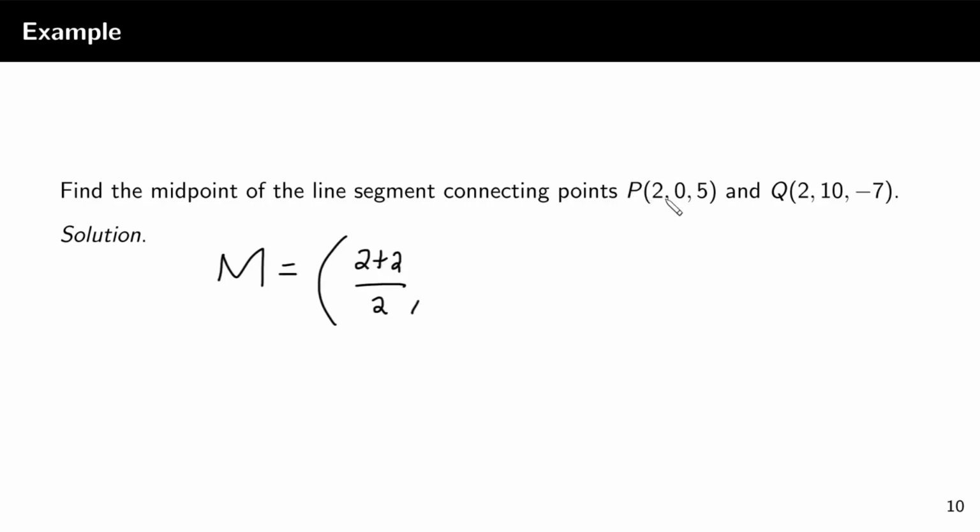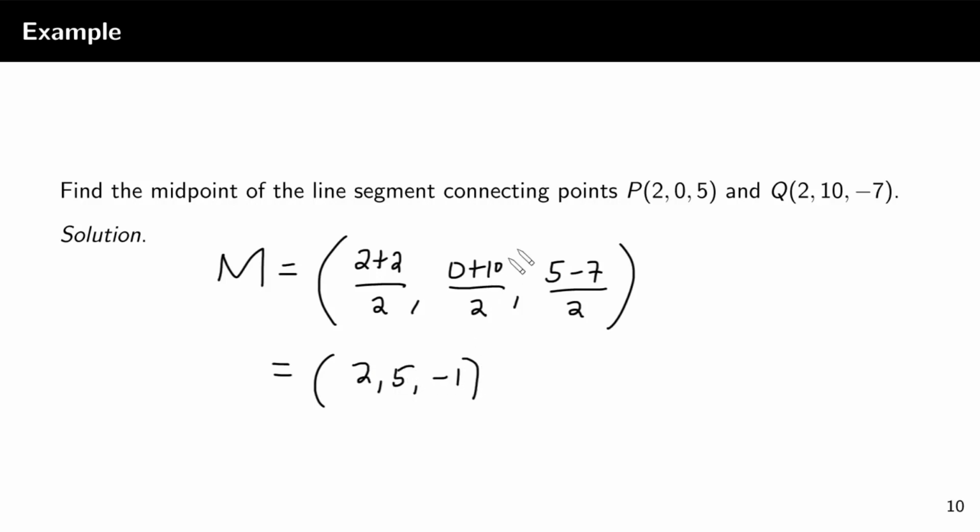The y coordinates are 0 and 10, so 0 plus 10 divided by 2. The z coordinates are 5 and negative 7, so 5 minus 7 divided by 2. And therefore, the coordinates of the midpoint are 2, 5, and negative 1.